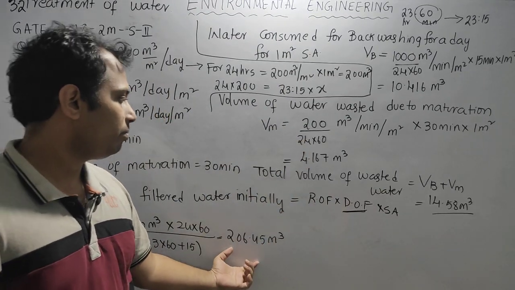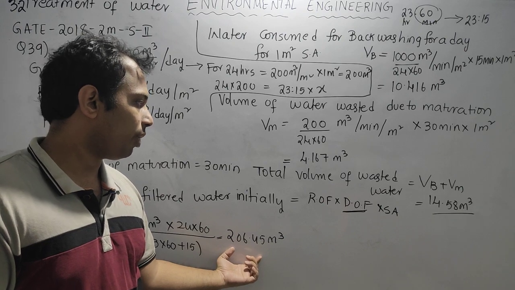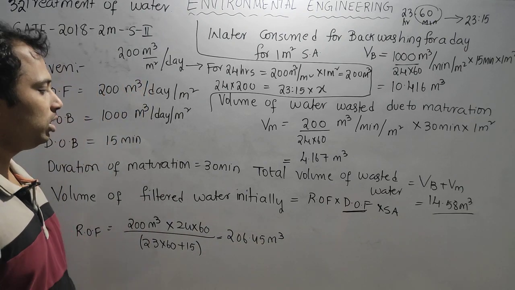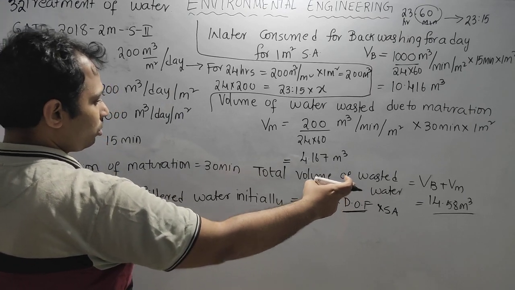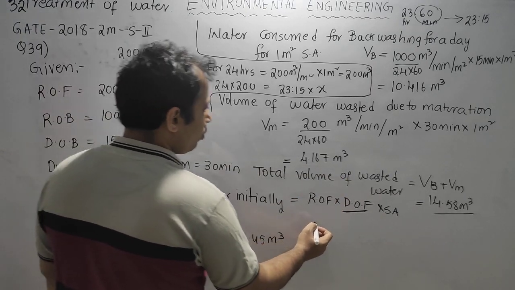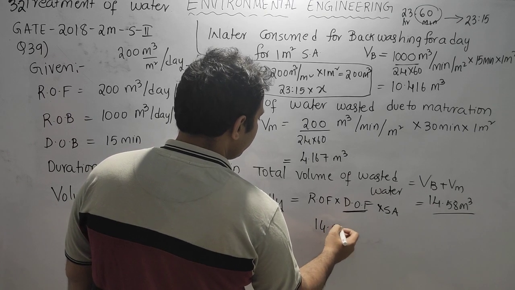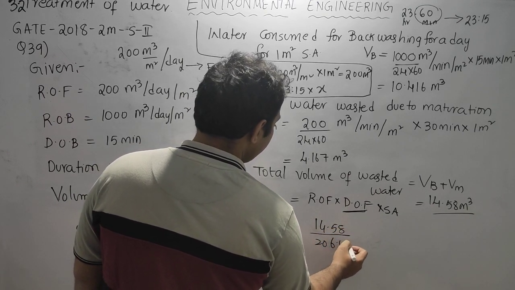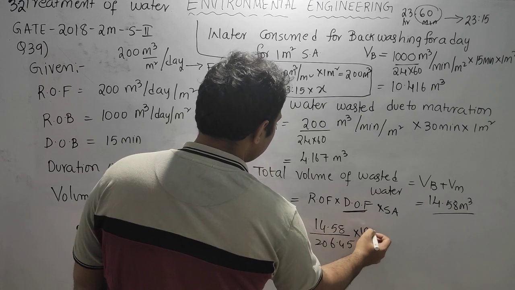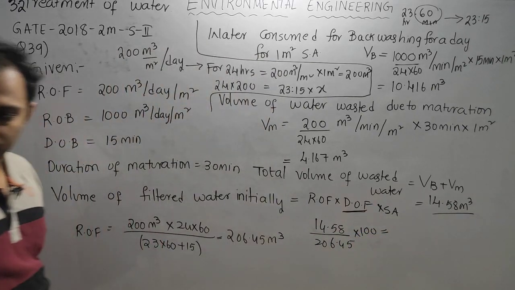Then I will get the rate of flow as 206.45 meter cube. That is the volume of wasted water. So the ratio is 14.58 by 206.45 into 100.